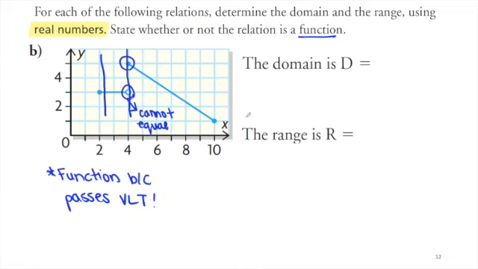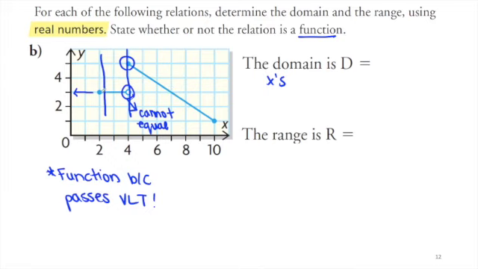Your domain here, remember domain is your x's, and you're looking for the restriction of x's. Your x's, left and right, are they ever going to go smaller than 2? No. But they're going to get bigger than 2. Even though they don't equal 4 here, they equal 4 here, because they're straight on top of each other, so you continue. Your x's continue all the way to 10.